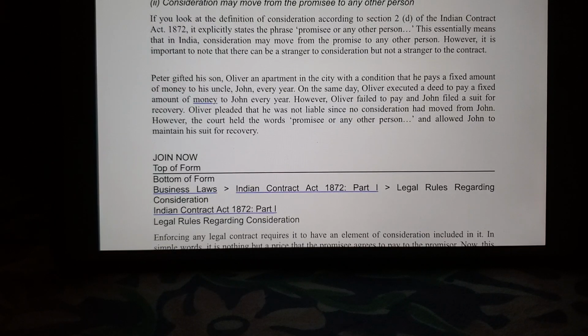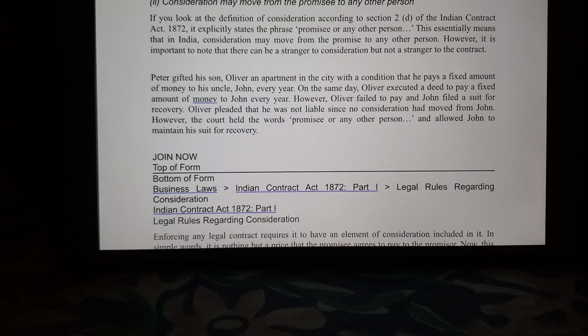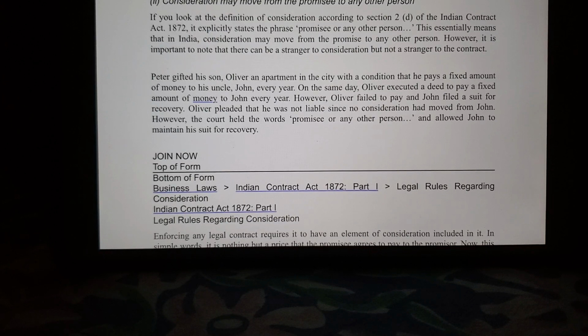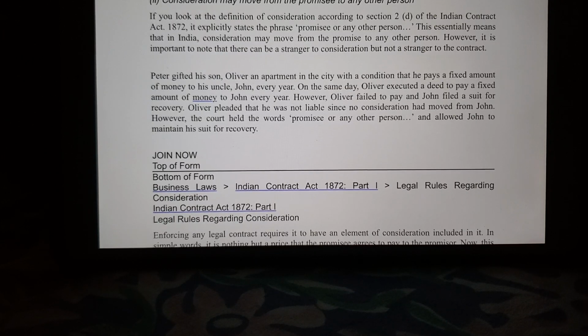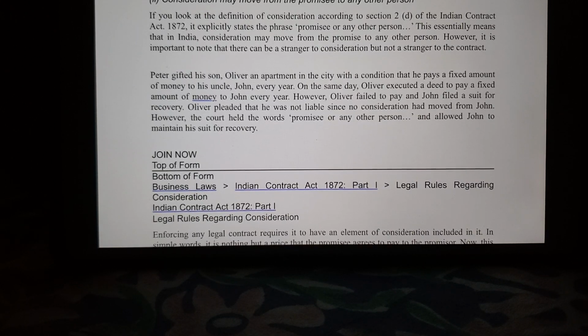On the same day, Oliver executed a deed to pay a fixed amount of money to John every year. However, Oliver failed to pay and John filed a suit for recovery. Oliver pleaded that he was not liable since no consideration had moved from John. However, the court held the words promisee or any other person and allowed John to maintain his suit for recovery.